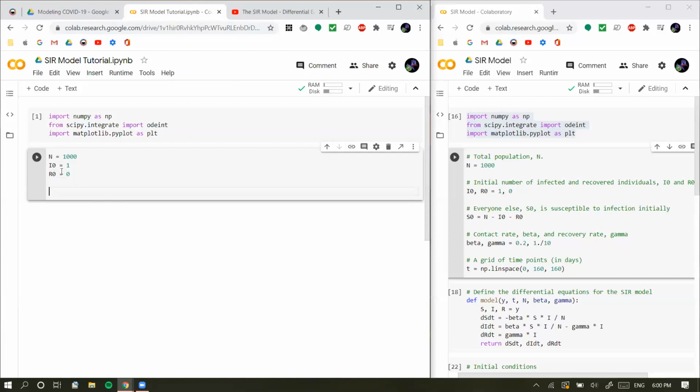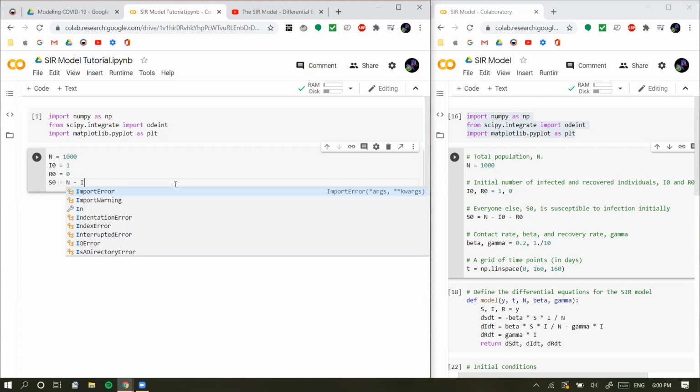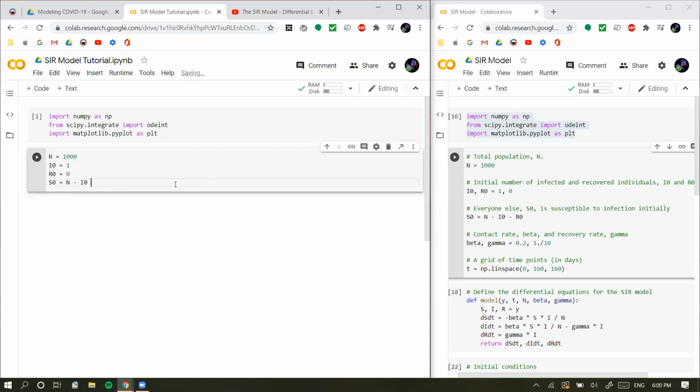So let's just go ahead and leave that there. And then you also have the S, right? So you start off with how many susceptible people. So you start off with everyone in the population being susceptible, except for the people who have been infected. So if you're infected, then you're not susceptible anymore, right?